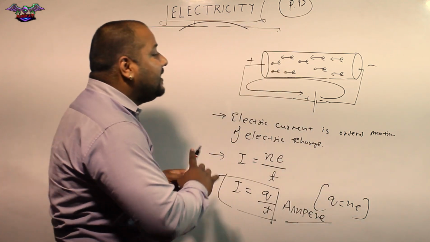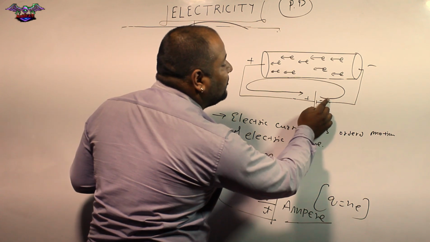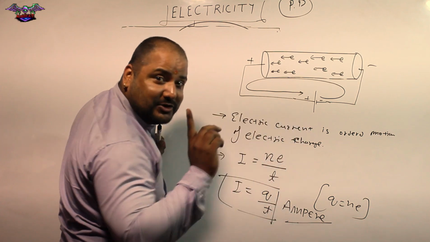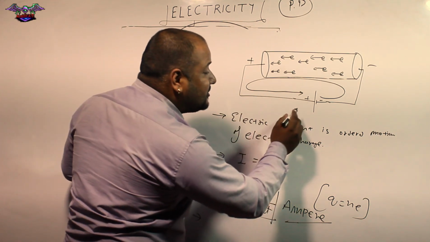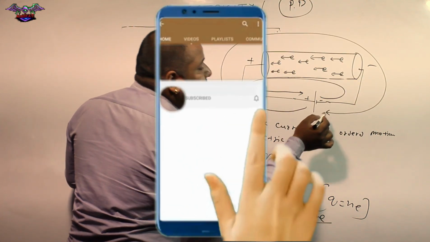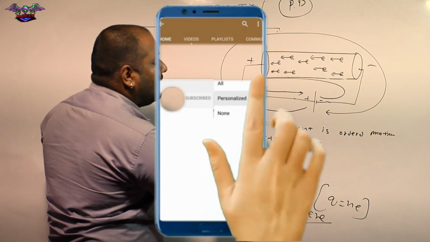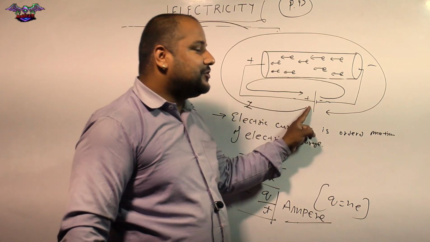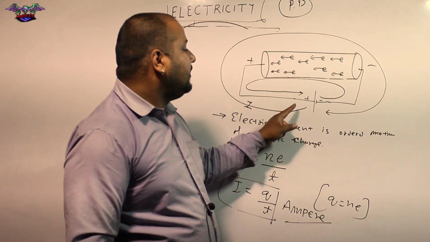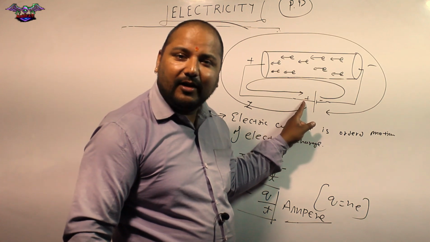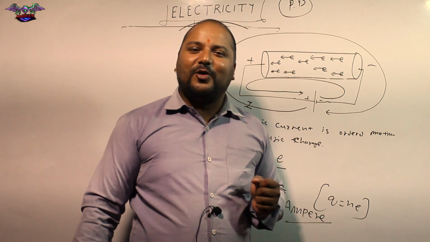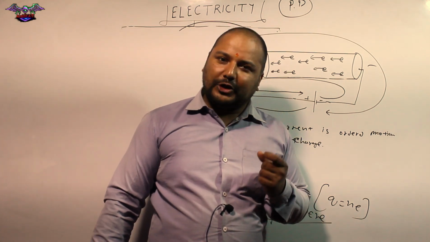So if the electrons are moving from negative terminal to the positive terminal, that means positive charge will flow from the opposite direction. That means current is flowing from positive terminal to negative terminal. Understand? Means current is always flowing from higher potential to lower potential. We will discuss further about the potential and potential difference.